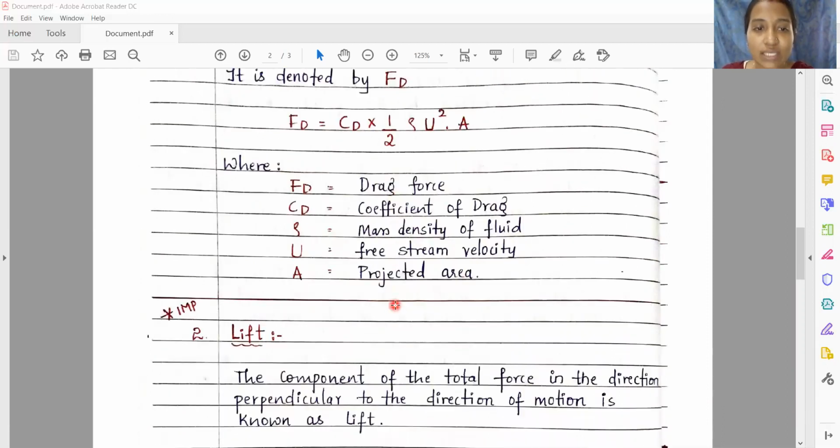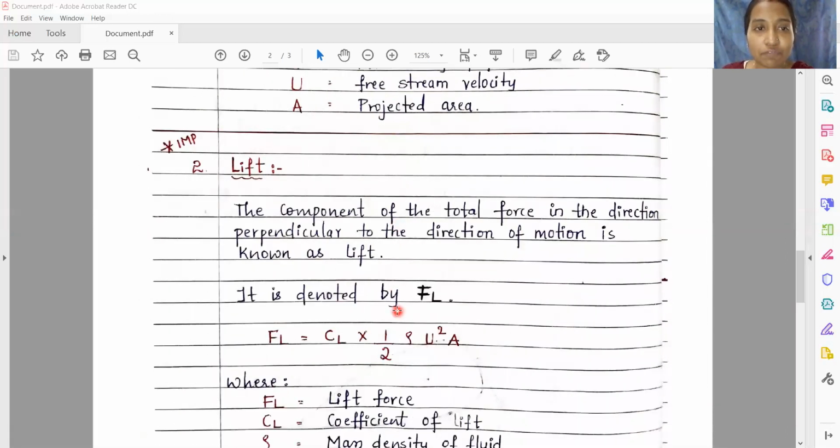In the same way, we have the definition for lift. The component of the total force in the direction perpendicular to the direction of motion is known as lift.